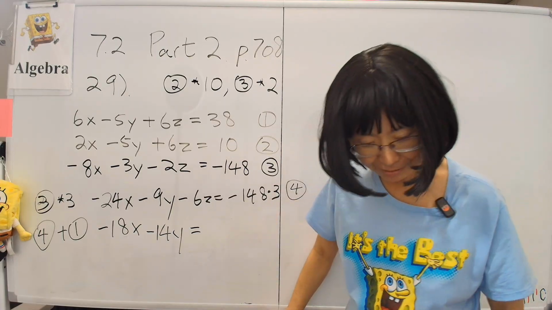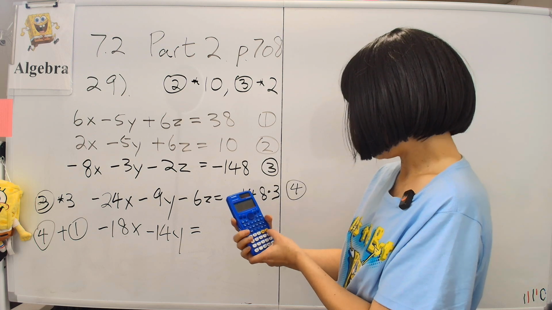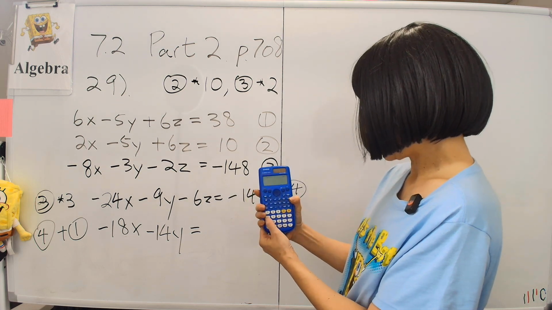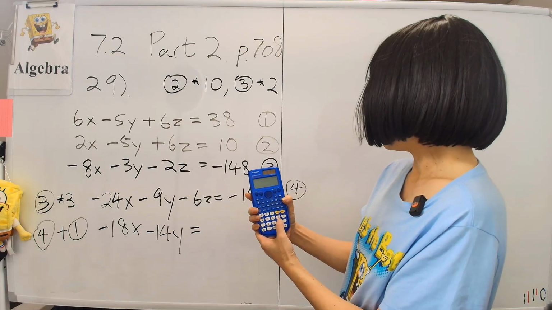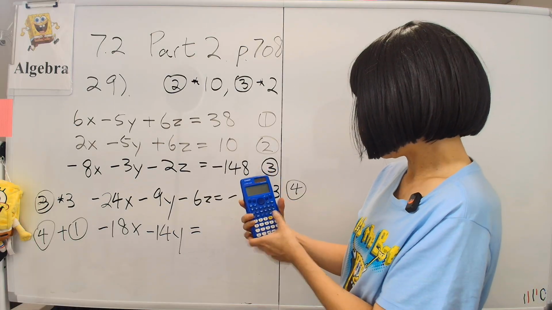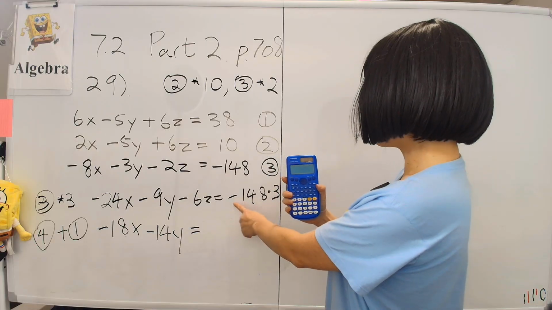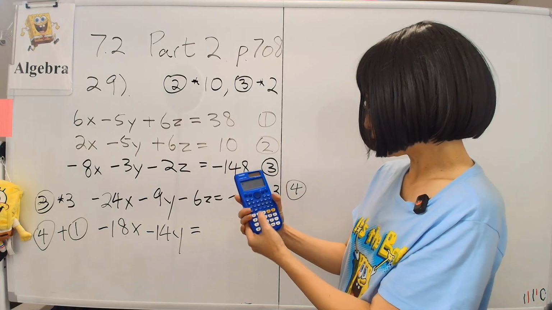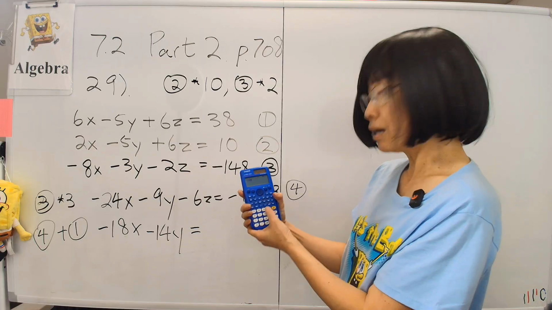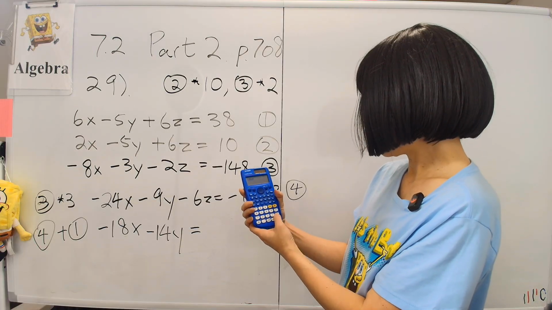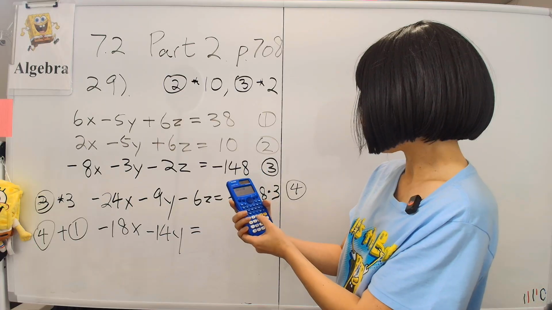And then this constant plus that, what is it? Let's take the calculator out and crank this out. I'm just doing 148 times 3. No, negative. No, I didn't turn the calculator on. Let's try that again. First, negative 148. So push the negative sign, 148 times 3, and then plus 38.